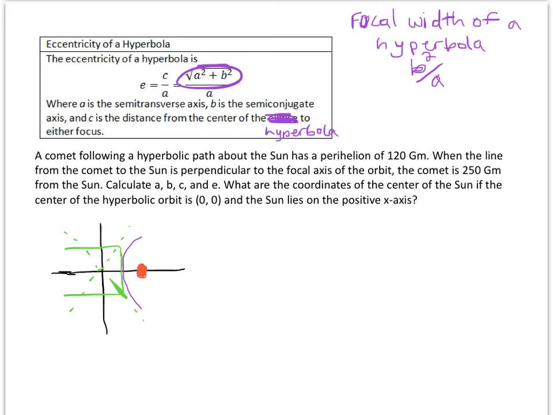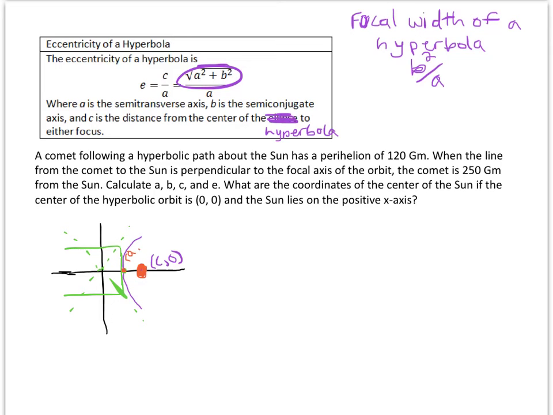Notice that basically the sun is giving us our focus for this side of the hyperbola, and so this point is c comma 0. This point right here, at some point our comet is there, and that's our vertex.